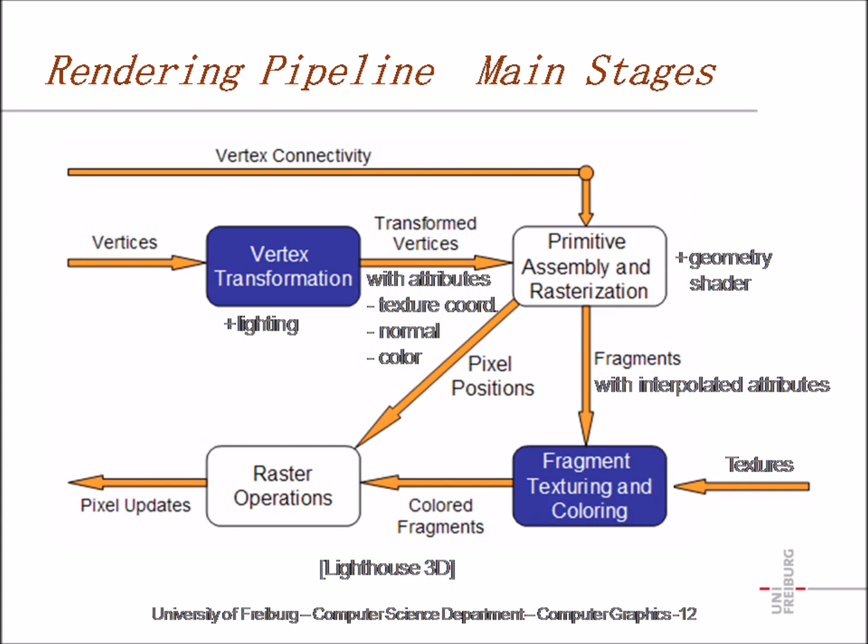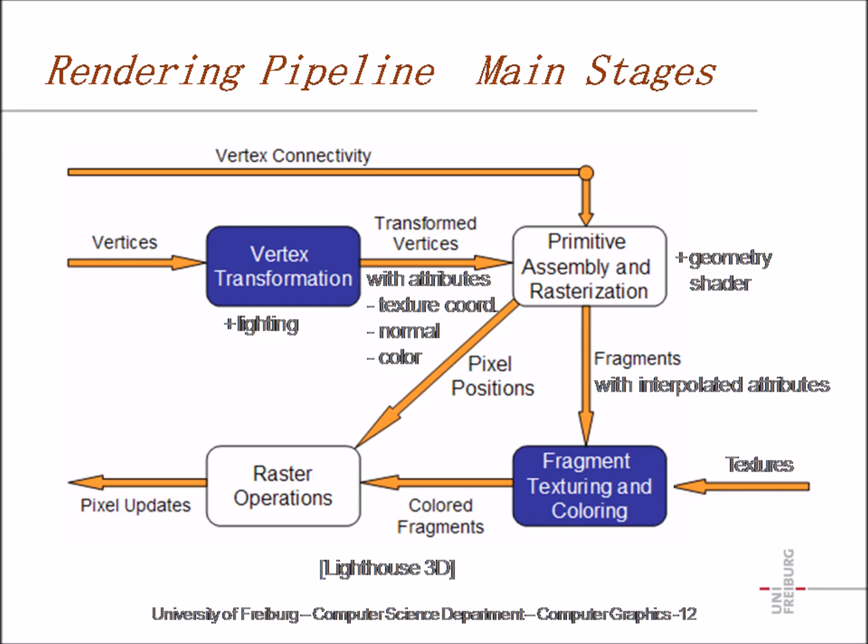So finally, dear students, here is the main flow diagram of a rendering pipeline comprising the main stages, which is used to render a 3D scene image into a 2D screen image. The main steps of the flow diagram are vertex transformation, then vertices become the input of primitive assembly and rasterization.